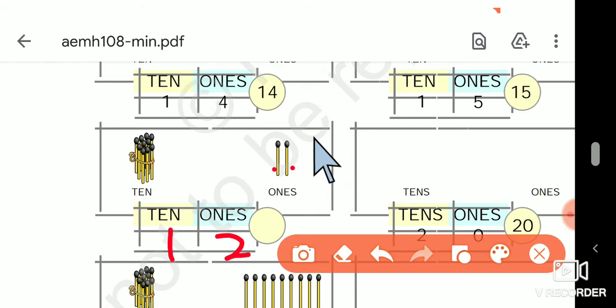Tens write 1 and ones write 2. One ten and 2 ones is equal to 12.